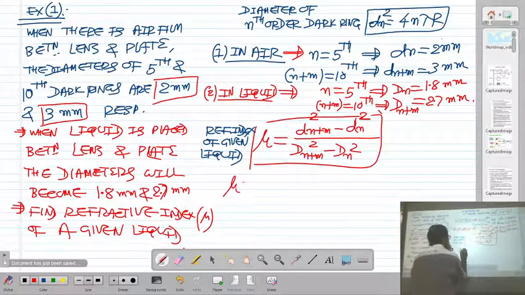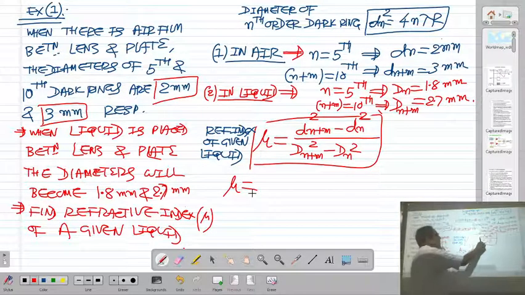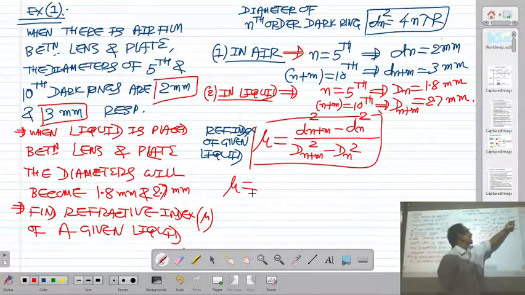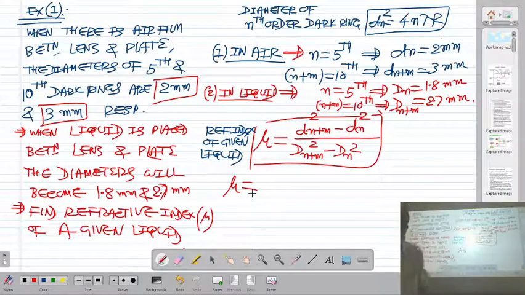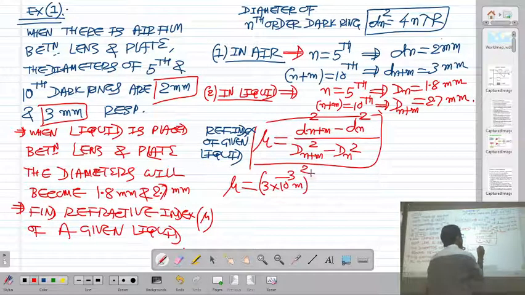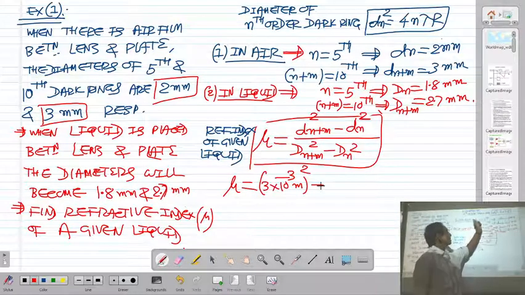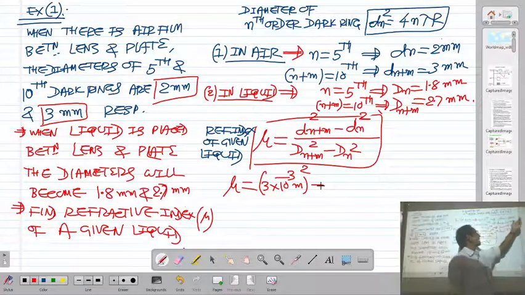So mu is equal to, what is small dn plus m square? Small dn plus m is the diameter of the n plus m, 10th order dark ring in air, that is 3 mm.